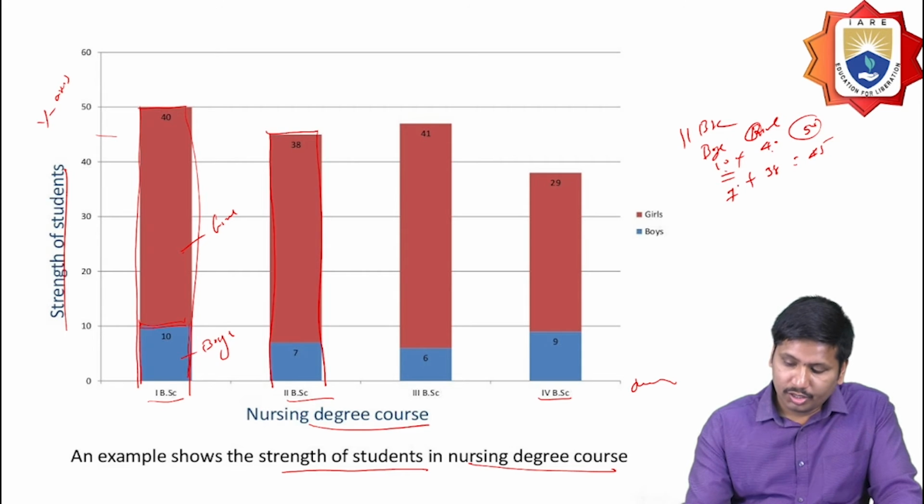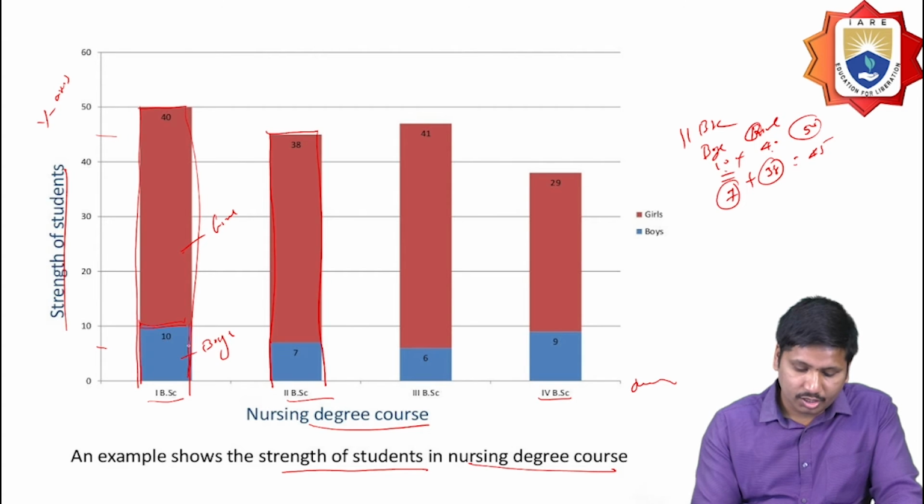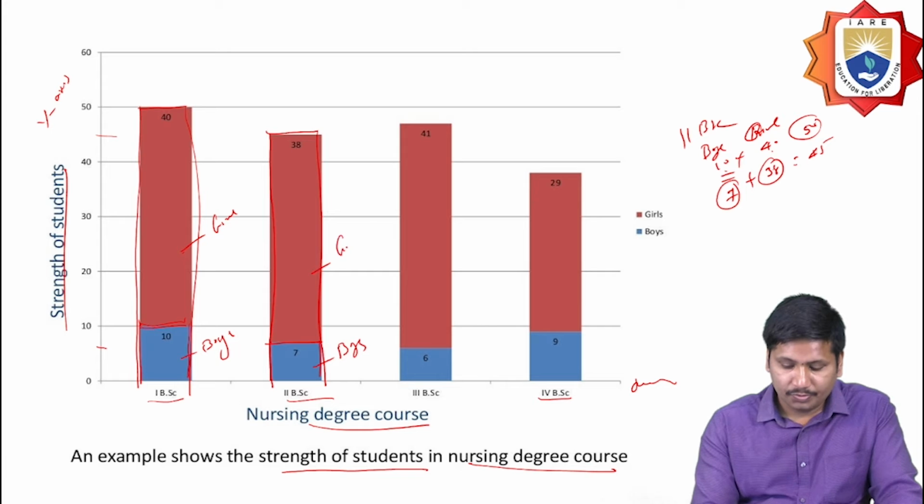Up to 7 I mark blue for boys, and the remaining is girls in a different color.